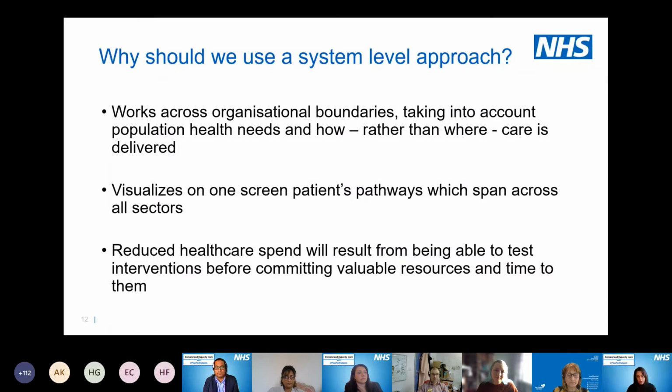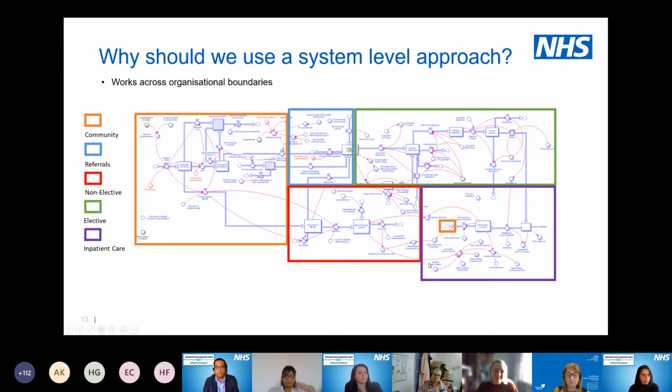You can actually visualise a patient pathway across a whole system, and I'll show that to you in a second. And you can actually reduce healthcare spend because the model can tell you which of your interventions might be the most helpful and where you should allocate your resources more effectively.